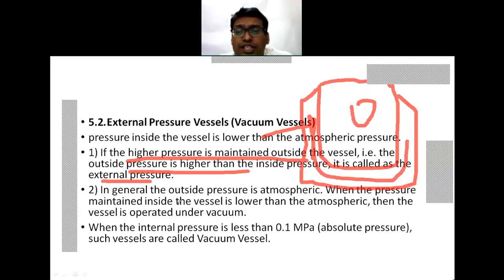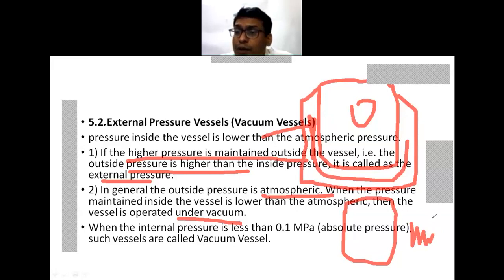And the second situation is that in general the outside pressure is the atmospheric pressure, and the vessel is operated under vacuum. The vessel is operated under vacuum, but here the surrounding pressure is atmospheric pressure.